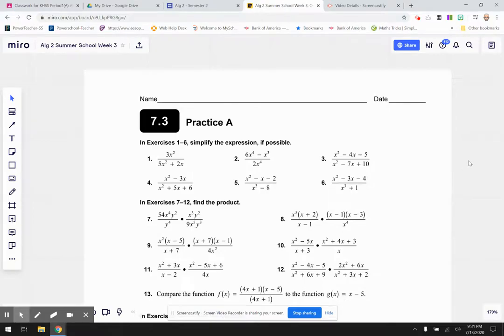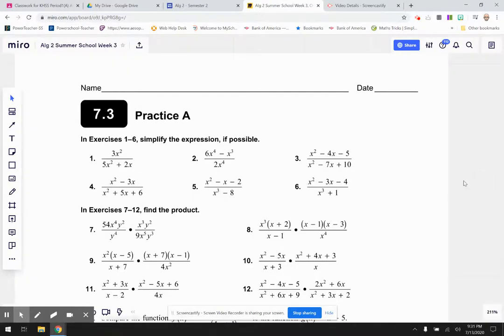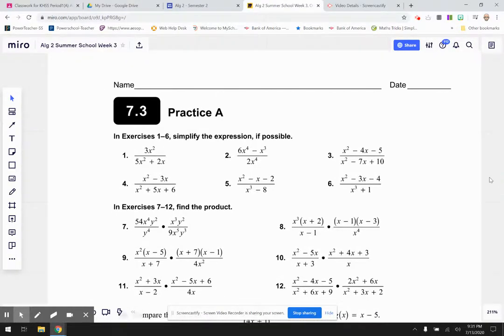All right, so the first 6 are asking us to simplify. So that's just make smaller. Simplify means to make something smaller, reduce it if you can, try to cross cancel anything that you can. And to do this, we're going to need to do some factoring. So simplify these expressions is going to entail some factoring. So I'm going to put factoring up here.